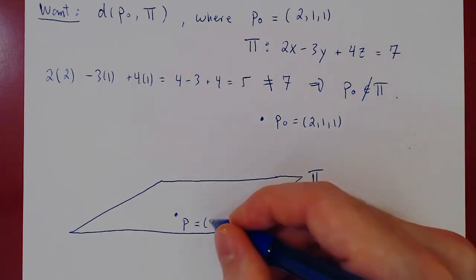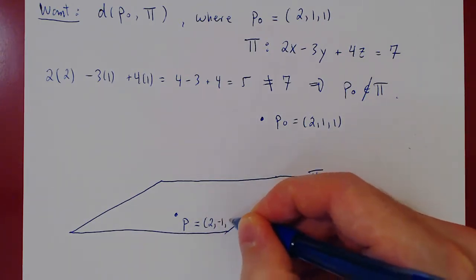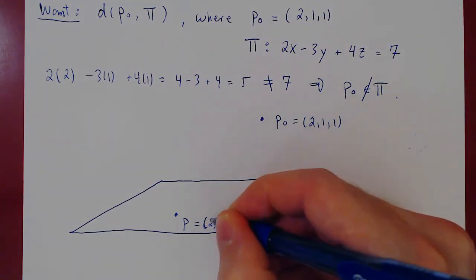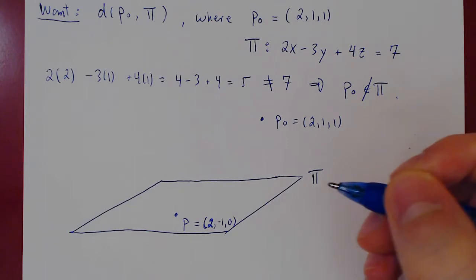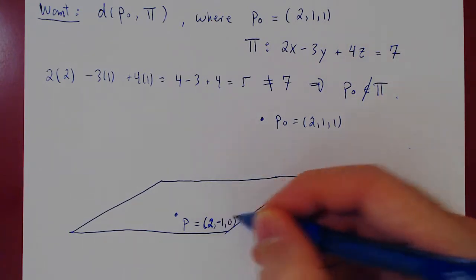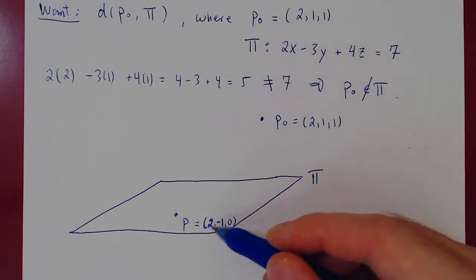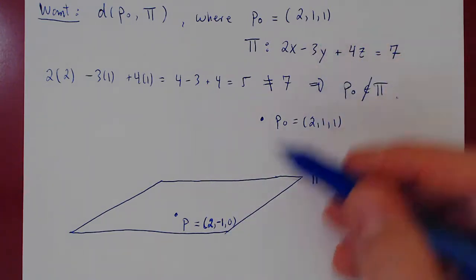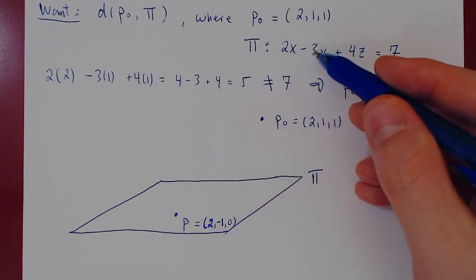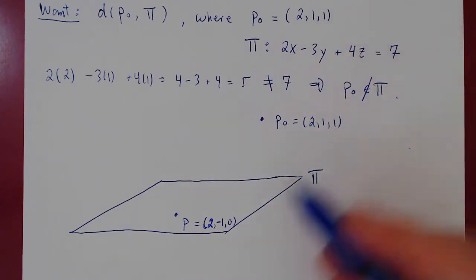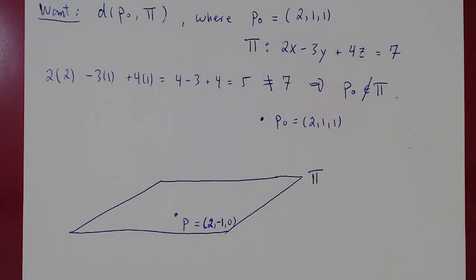So let's take the point 2, negative 1, 0. Let's check again. 2 times 2 is 4, minus 3 times negative 1 is plus 3, 4 plus 3 is 7, plus 4 times 0 is 0, and we get 7. This point is a point on the plane.